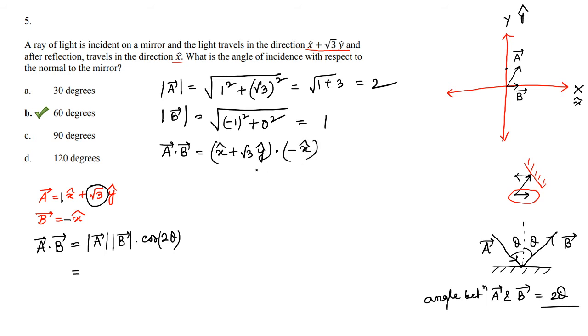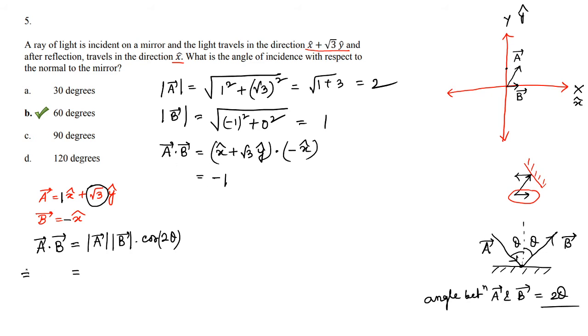Okay, so x cap dot x cap is 1 and x cap dot y cap is 0. If we take the dot product of different unit vectors, then it will give us 0. So x cap dot minus x cap is minus 1. So A vector dot B vector gives us minus 1.